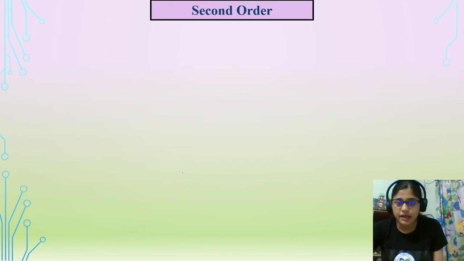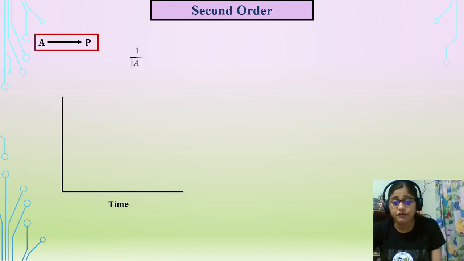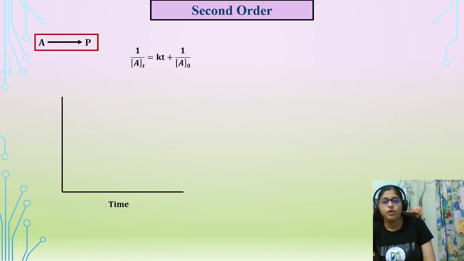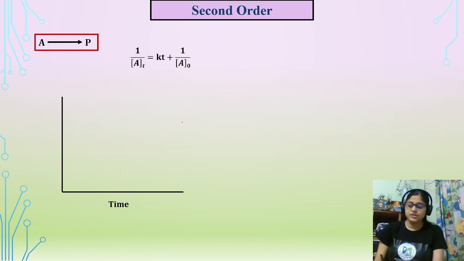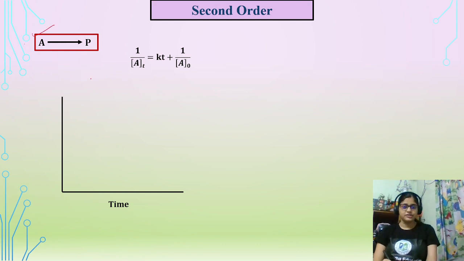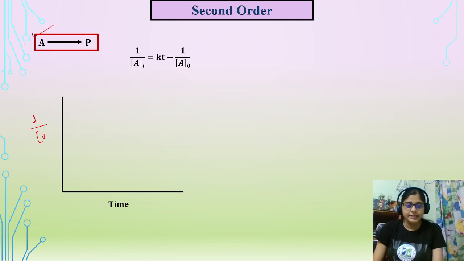So now coming to the graphical representation of this kind of second order reaction. This is the first kind of second order reaction. If we plot 1 by At versus time, with time here, then what will the graph look like?